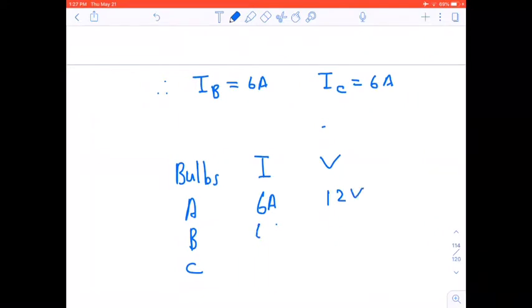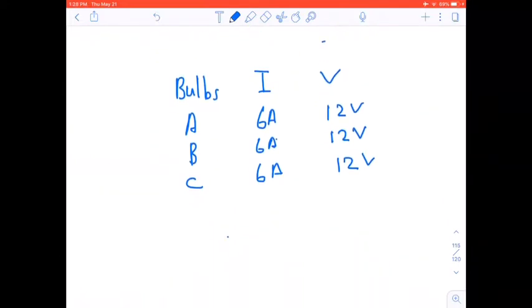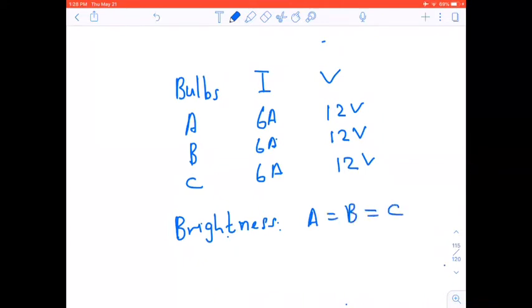Here when we look at B, it's also 6 amps, and the voltage across the parallel branch is also 12 volts, and C is also 6 amps and also 12 volts. So all of them have the same voltage and current rating here, which then implies that the brightness of A is equal to B is equal to C in this situation. So there you have it.